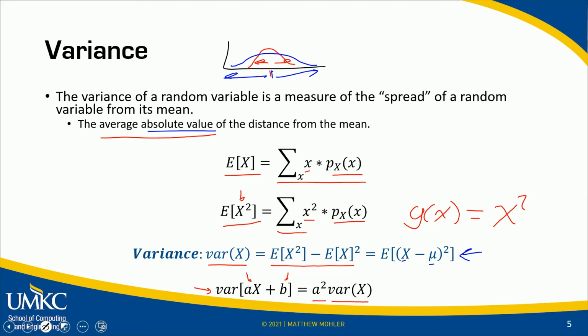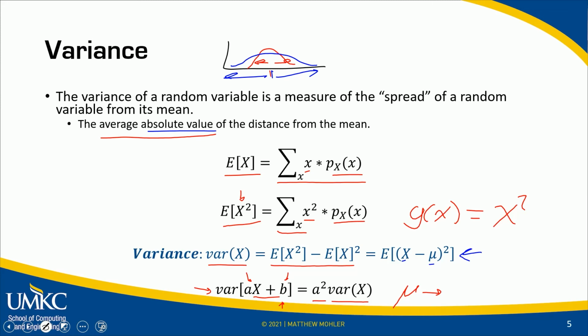And this makes sense because if all values of x have a common offset, well, then the mean, our mu, is just going to shift and get pulled out of every single one of those. So it doesn't really have an impact on the variance when you add an offset to your random variable.